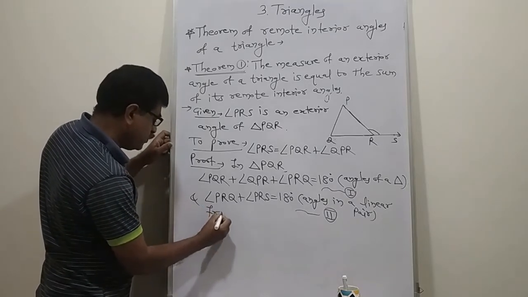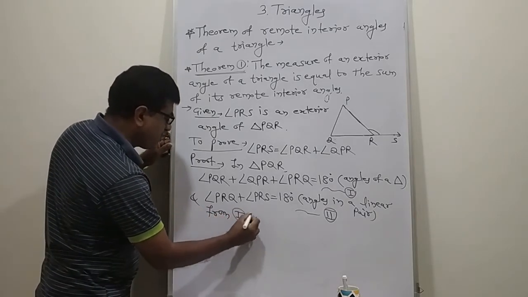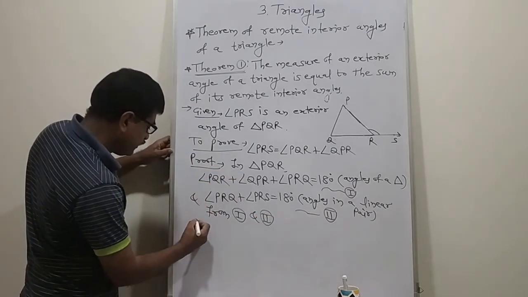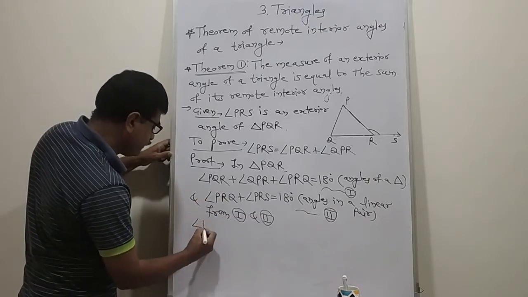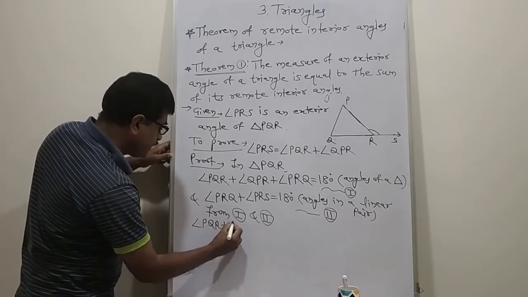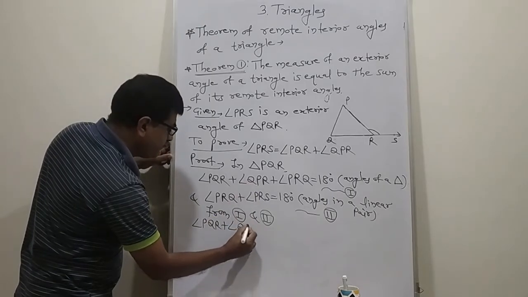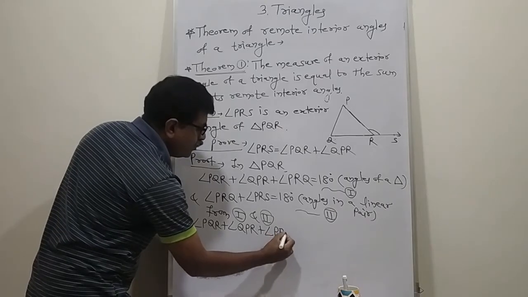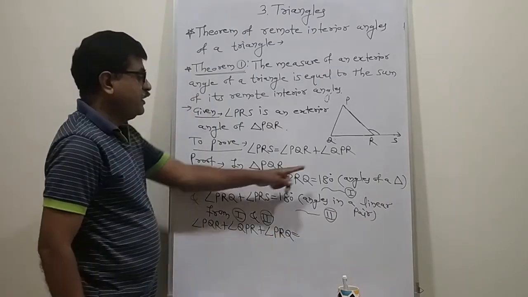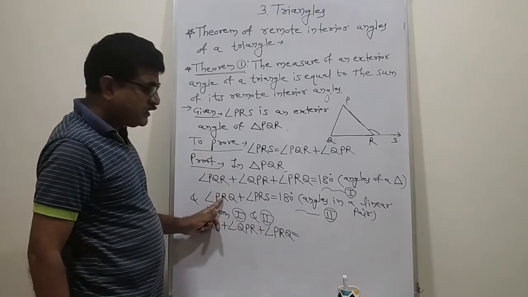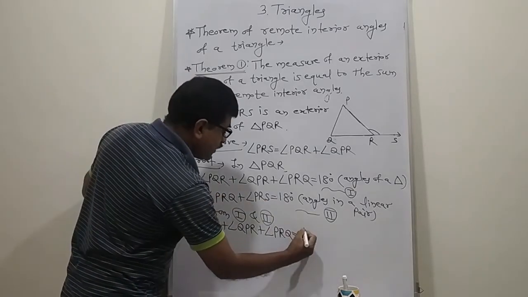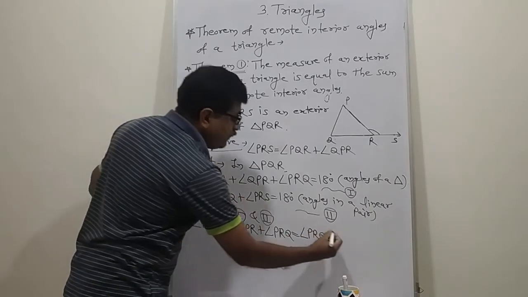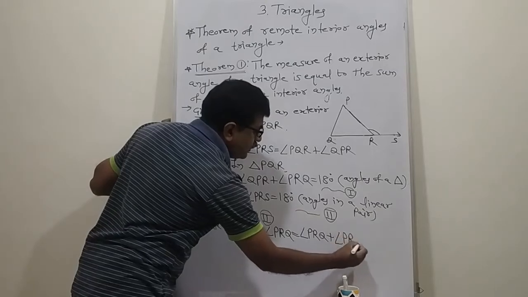Write down from 1 and 2, left hand sides are equal, that is angle PQR plus angle QPR plus angle PRQ is equal to angle PRQ plus angle PRS.